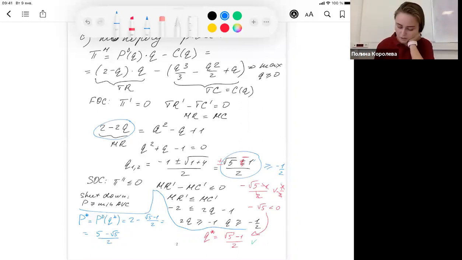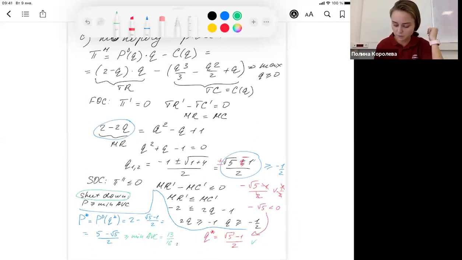Yes. And the last. So this is the price. And the last, we should check this shutdown condition, that the price is greater or equal than minimum of average variable costs. And this is how much? 13 over 16. We counted it in point A, because it is the same firm, same costs.